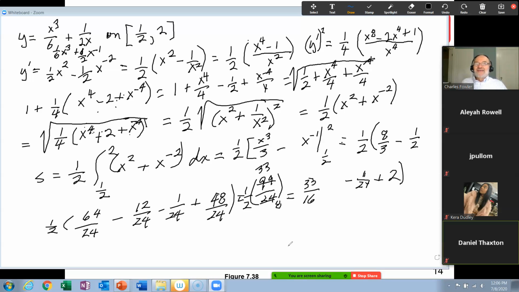Why such a bizarre function? You have to have functions whose derivatives squared with 1 added to it is also a perfect square. And that's what we had, and it was bizarre but true. We got that answer, so you can go back and follow us all the way through or follow it in the book.